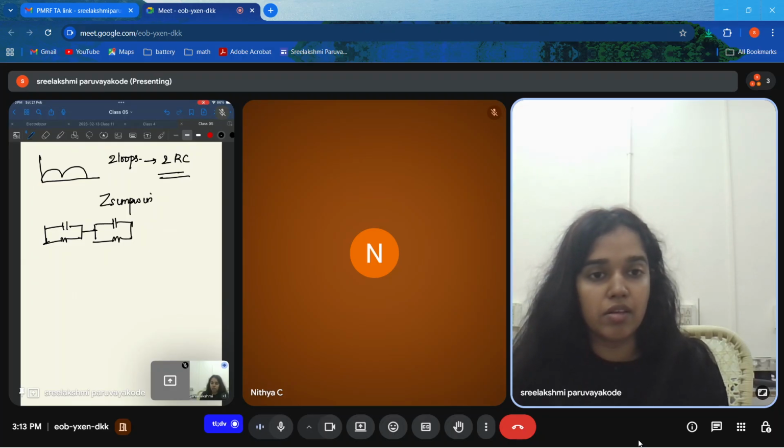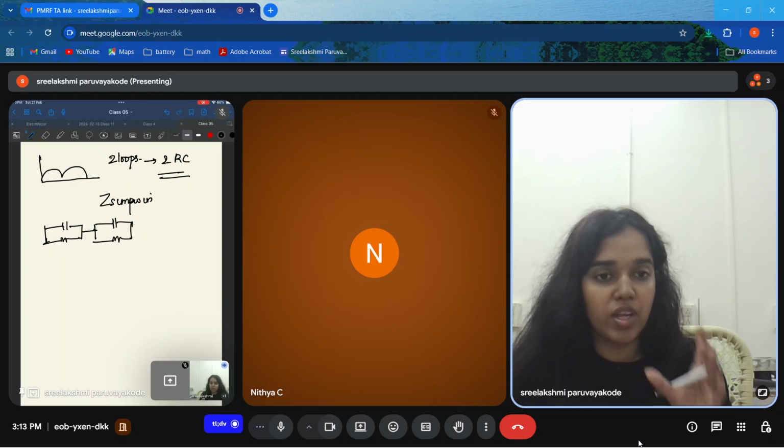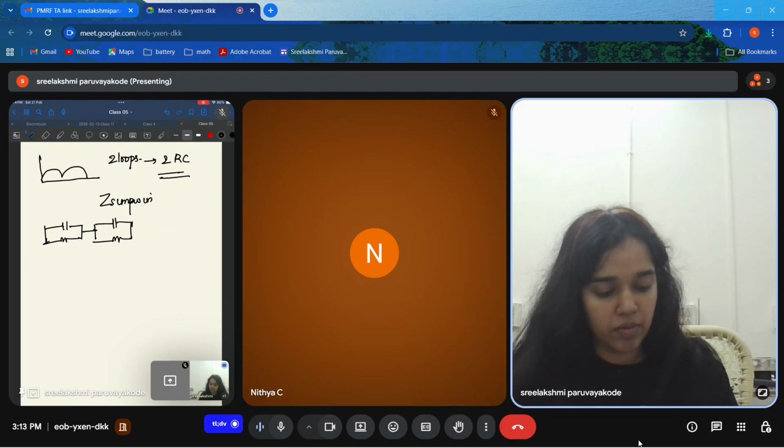After this, in ZSimpWin software, you will see there is a tab where you can actually see the error. Say this is C1, R1, C2, R2. Here I've assumed RS is 0, solution resistance is 0, so it doesn't need an element in series because this is already 0. So I'm not considering this.